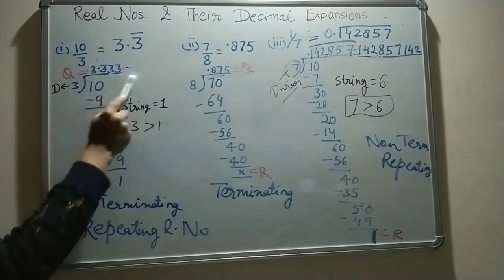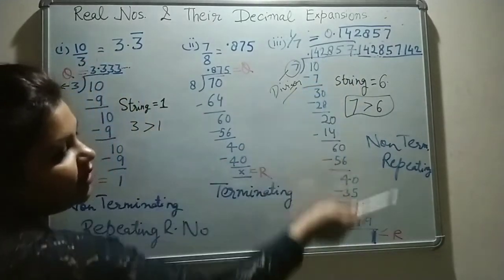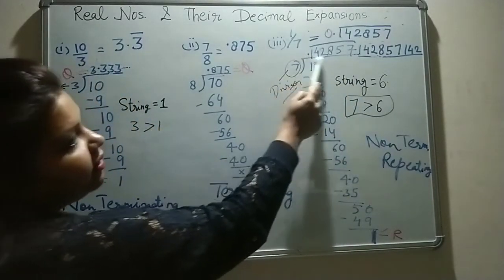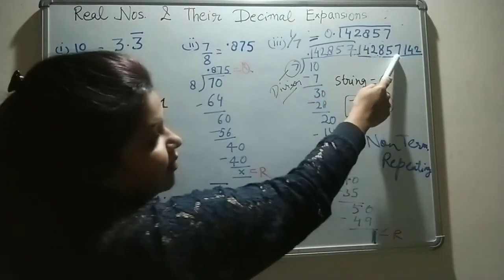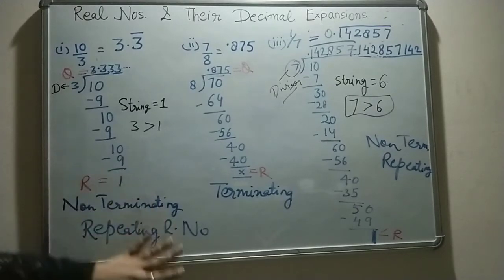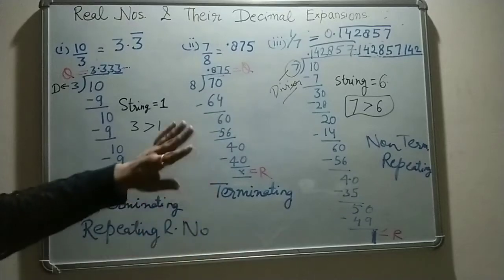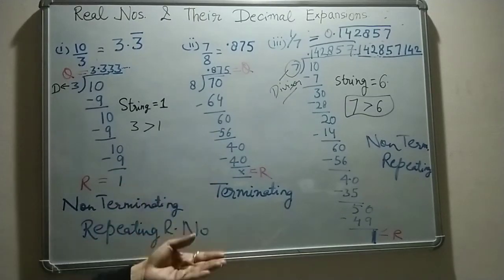Here you are seeing it's repeating, and here after a stage of this expansion, it starts repeating itself. So the first point to remember is that the remainder becomes 0, or it starts repeating itself after a certain stage.